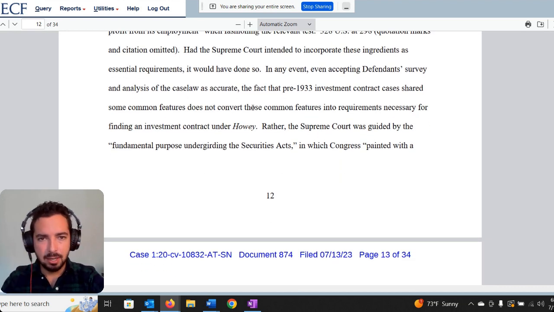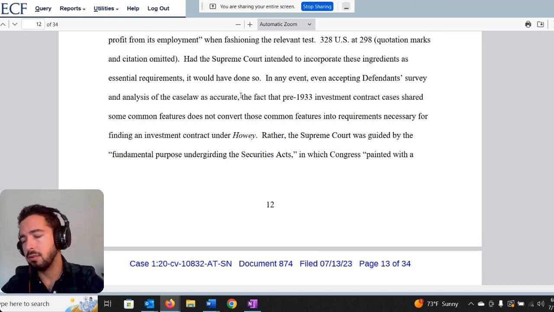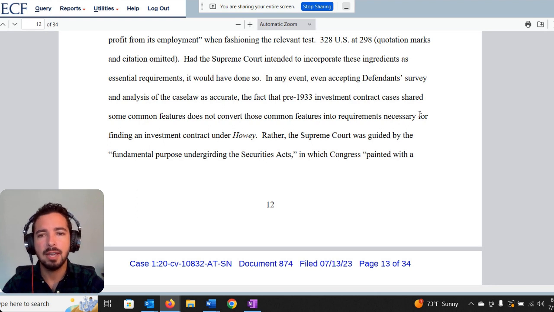In any event, even accepting defendants' survey and analysis of the case law as accurate, so even if Ripple was being completely forthright with their explanation of these pre-1933 cases, the fact that these pre-1933 investment contract cases shared some common features does not convert those common features into requirements necessary for finding an investment contract under Howey.